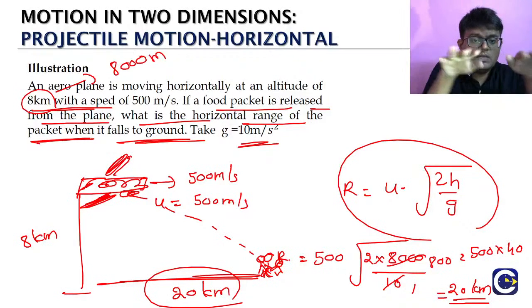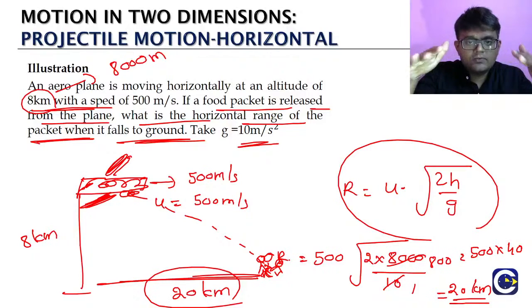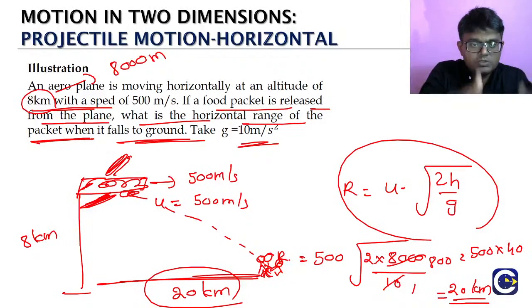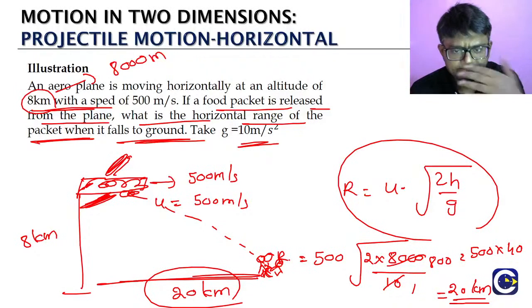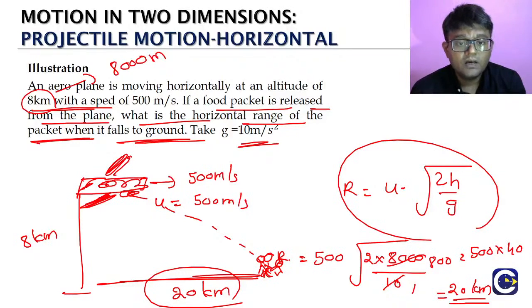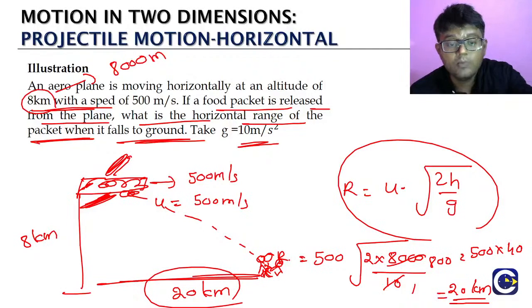With a helicopter, you can actually make it stall in the air for some time, and then you can drop off all the things to the surface below from a very low height. Even forget about the food packet, even packed material itself, if you're dropping it from a height of 8 kilometers, think about it.